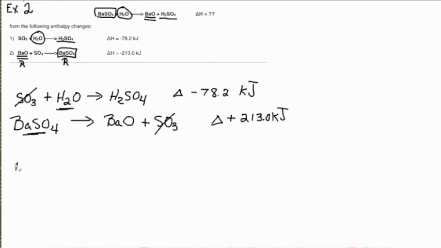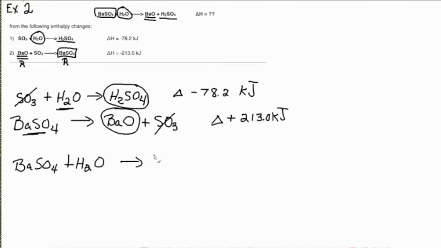So we'll put those two together. And then on the product side, we have sulfuric acid and barium oxide. So BaO plus H2SO4.